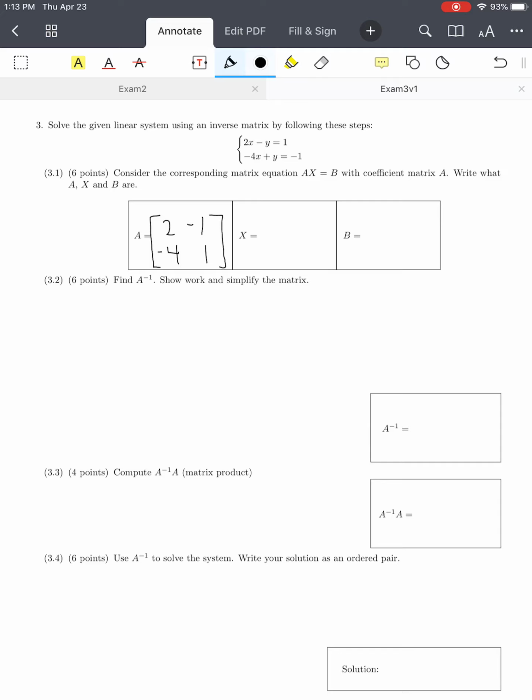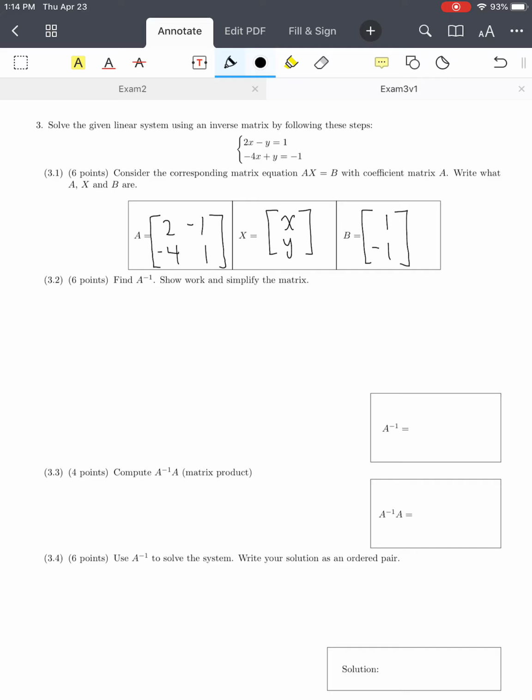So that's just from the coefficients of the left-hand side. X is the variable vector, so we're just going to do X and Y here. And B is the solution space, or the solution vector. So that's 1, negative 1 as our vector.